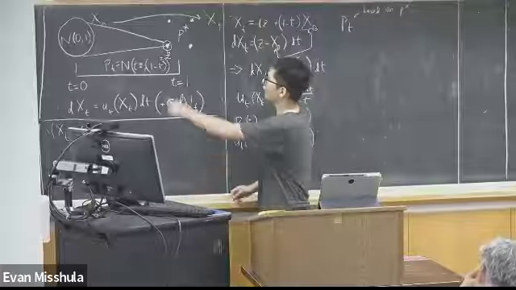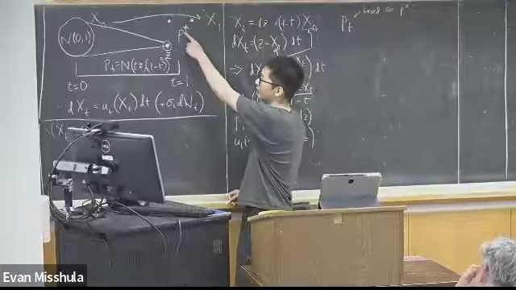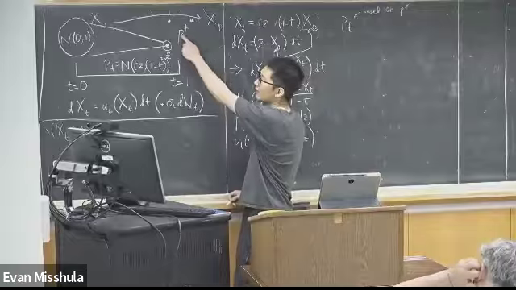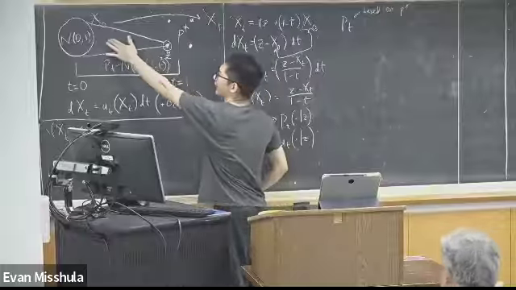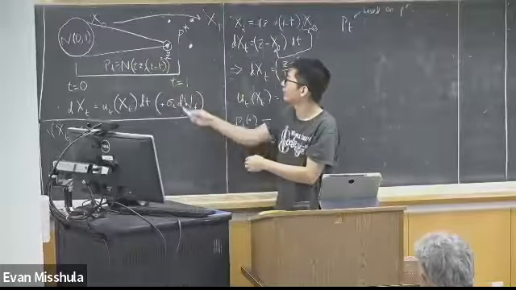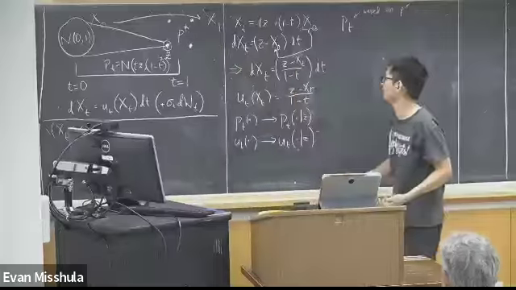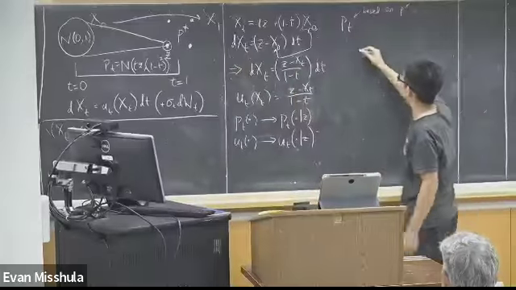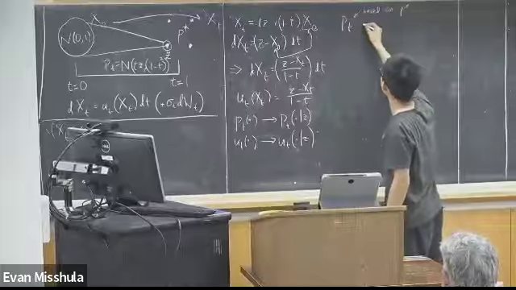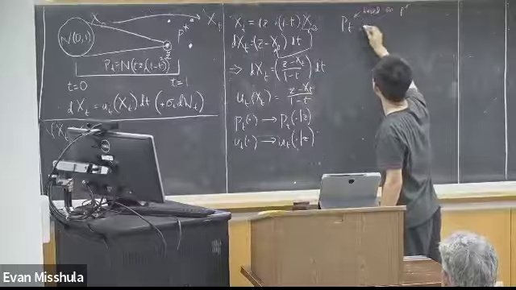Well, if we let z be distributed according to p star, then we can just average the conditional path according to this distribution and end up with the path that we want. That is, we set p t to be the average.